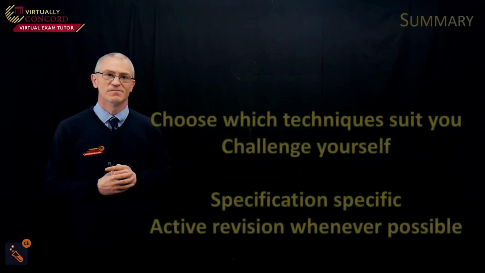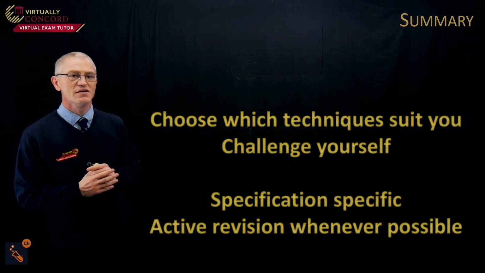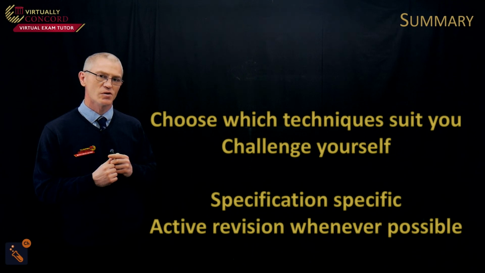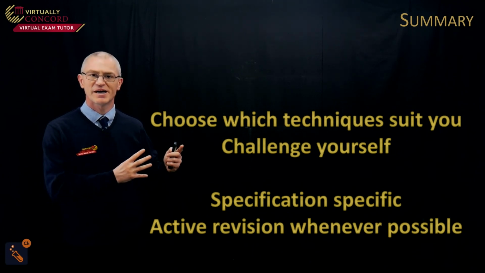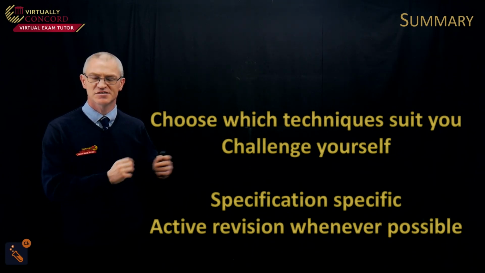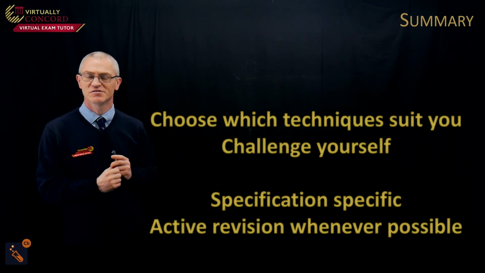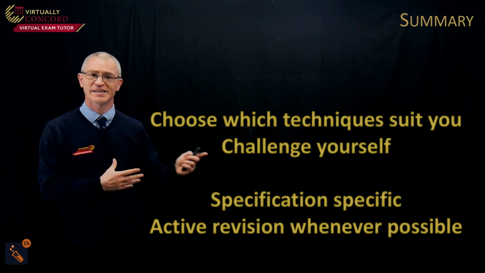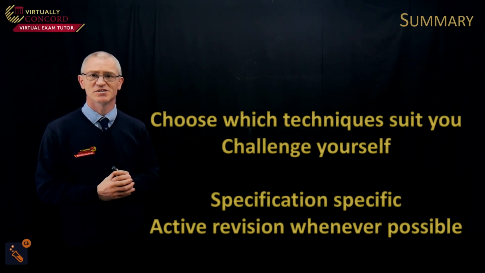So let's finish off. A summary is: choose which techniques suit you. Do it active, not passive. Challenge yourself wherever possible. Write your own questions. Ask your teacher all the time. Get their help. Be specification specific the entire time.